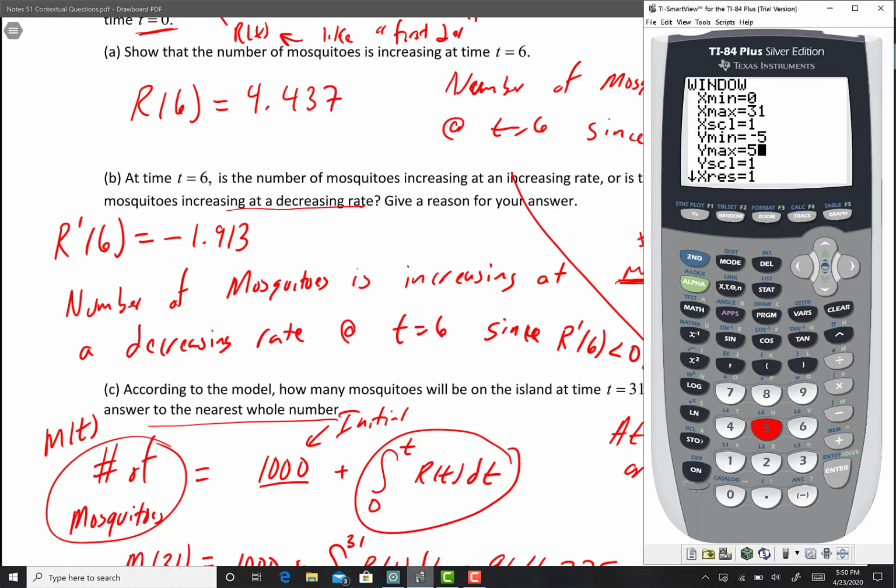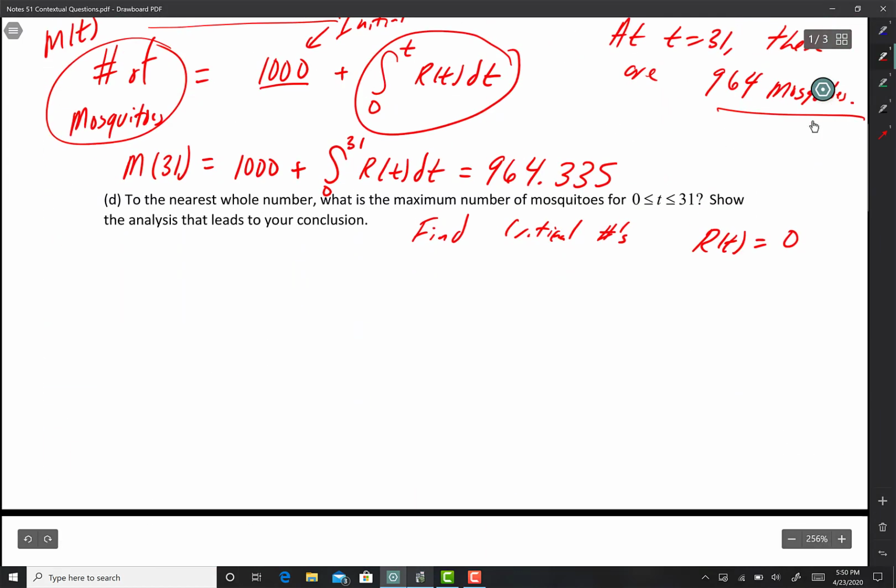That should give me some good values. Boom, I see one right there. And 2, but I'm not going to check that one. I'm going to state both of them, but I'm not going to look for the number of mosquitoes there because I know that one's a minimum.